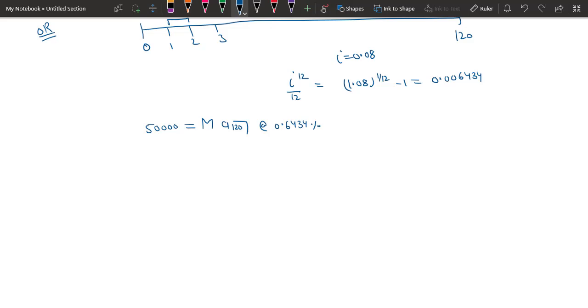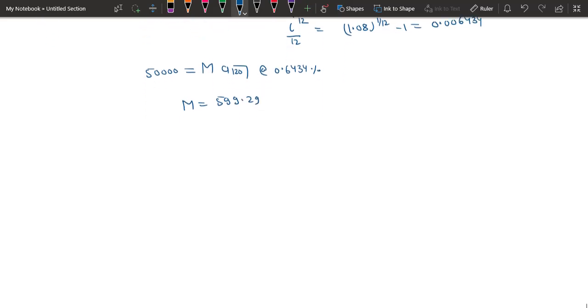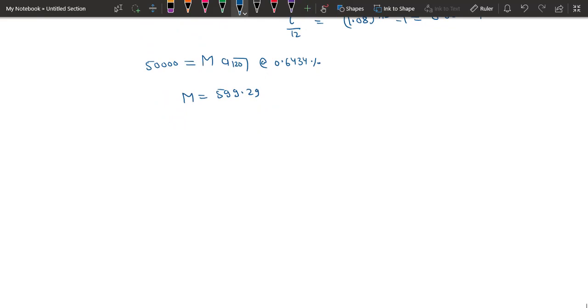This would also give M equal to 599.29 as installment, where you can calculate a_120 as shown. So this is the general method.